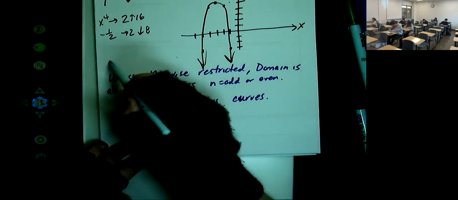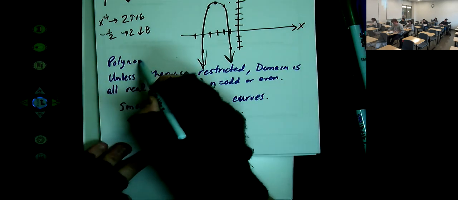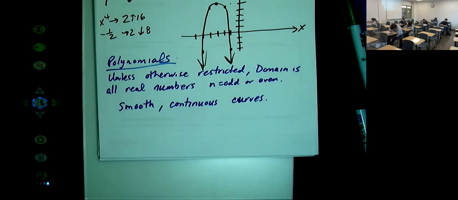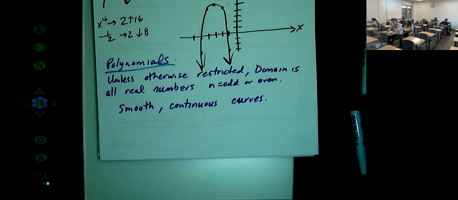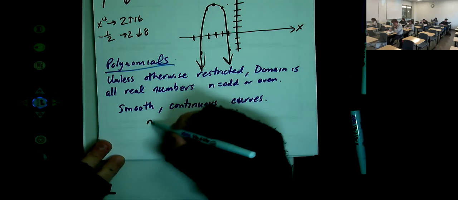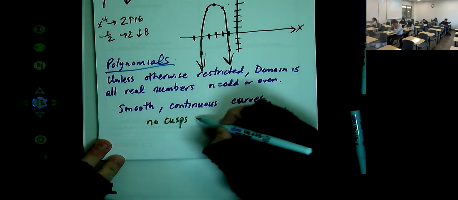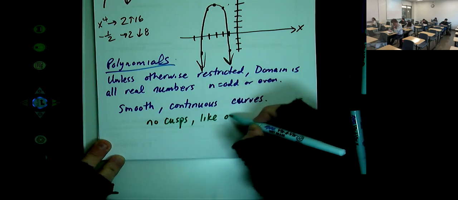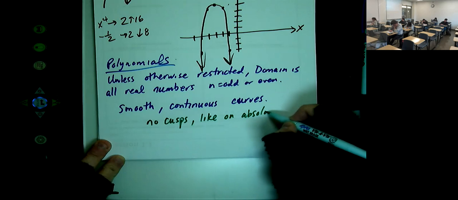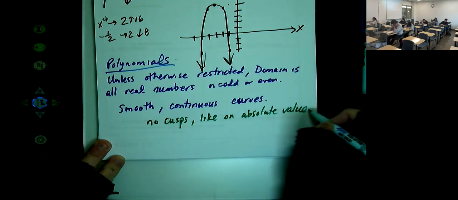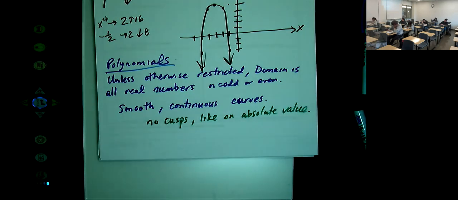So this is polynomials in general, which means we don't have any jagged things like absolute value. There's no cusp like on absolute value. It might go pretty steep, but you're never just rapidly ricocheting off something.